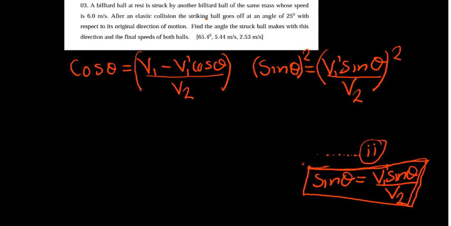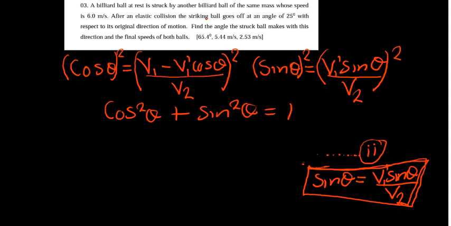Okay, so we're going to combine the two using the trigonometric identity, which is cos squared theta plus sine squared theta is equal to 1.